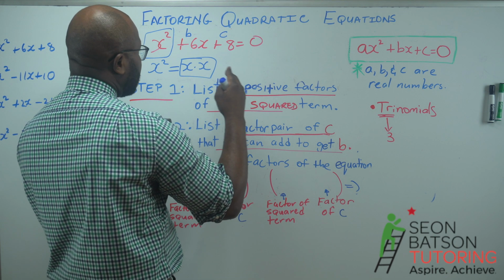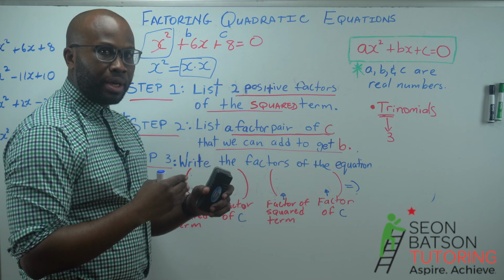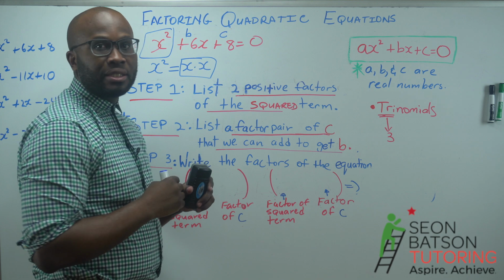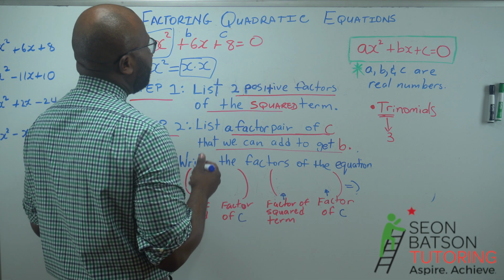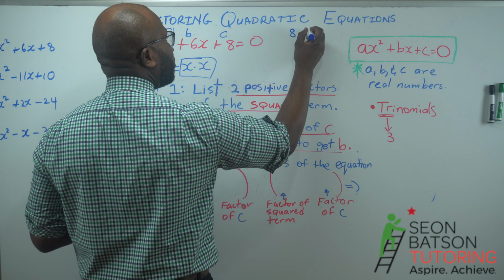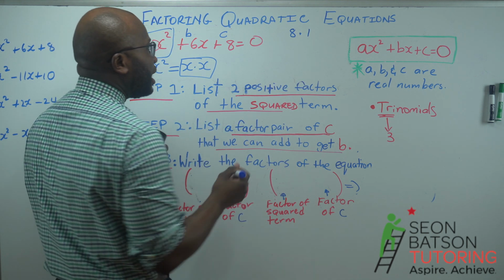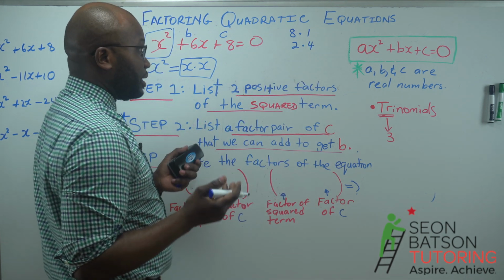We will list factor pairs for positive 8 and then see which of those factor pairs we can add to get positive 6. Okay? So let's list factor pairs for positive 8. So we know we can use 8 times 1 because 8 times 1 is 8. And we can also use what? 2 times 4 because 2 times 4 is 8.